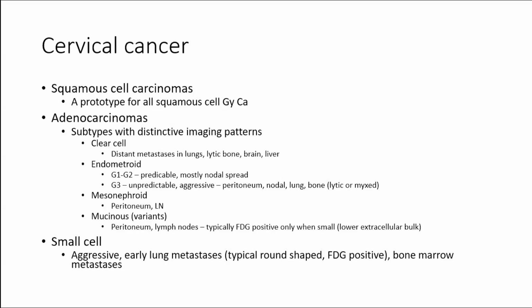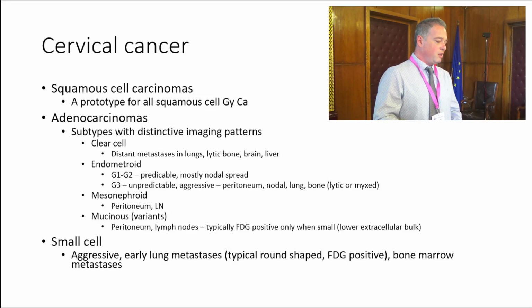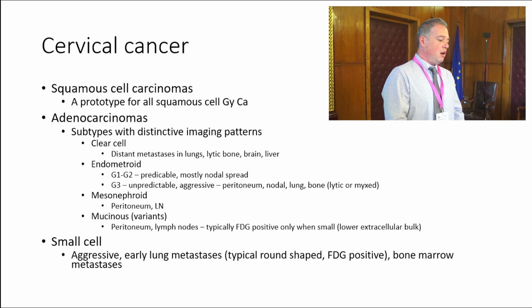Cervical cancer, the usual suspect here is squamous cell carcinoma, we talked about it. Adenocarcinomas, different types that have different imaging appearance, are the clear cell type, which has very early distant metastasis: lung, lytic bone lesions, and brain. Endometrioid, which is similar to endometrioid carcinoma.